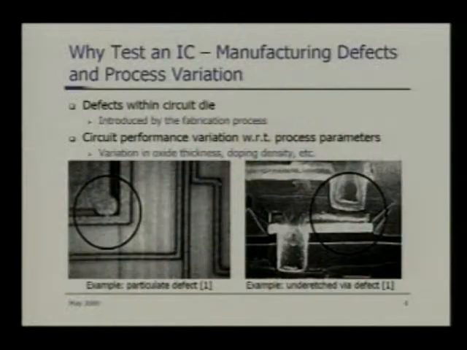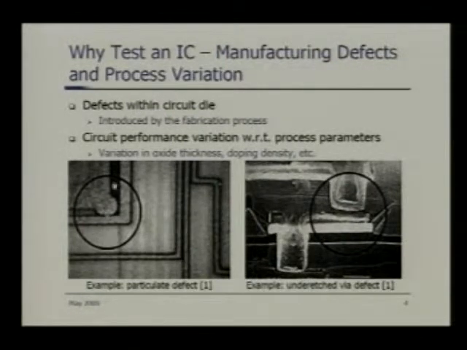The thing is, there are two things that happen in manufacturing. The first type of thing, or the first type of problem, is the catastrophic fault or defects, manufacturing defects. And the second type of thing is so-called the process variation, process parameter variation. In the first thing, here I am showing two examples actually.